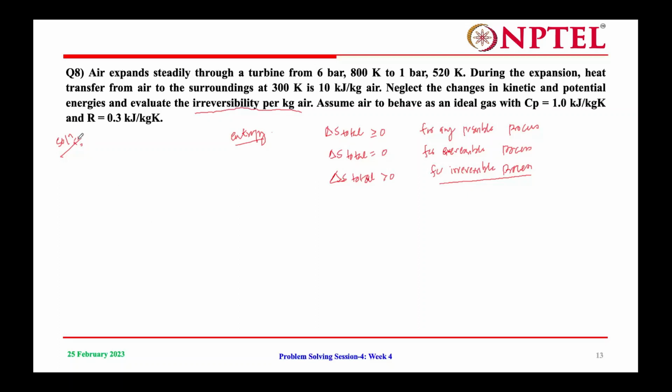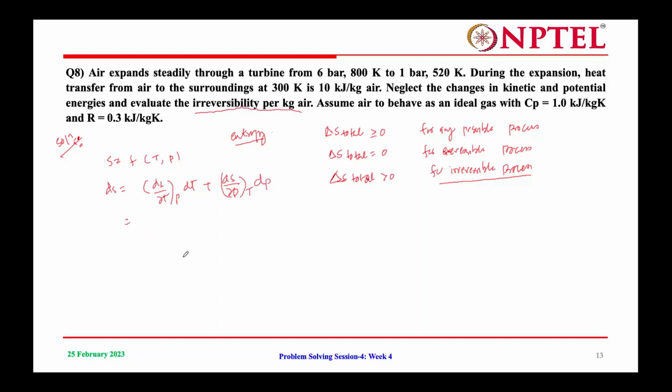So here we have to derive some equations. Here entropy is a function of temperature and pressure, like S is equal to a function of temperature and pressure. Now differentiate: dS is (dS/dT) at constant pressure dT plus (dS/dP) at constant temperature dP, right?